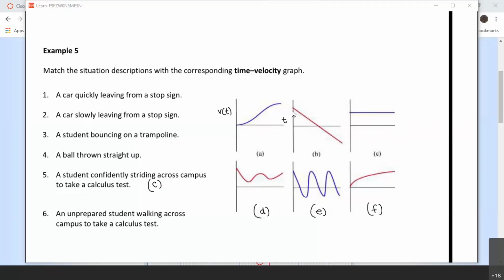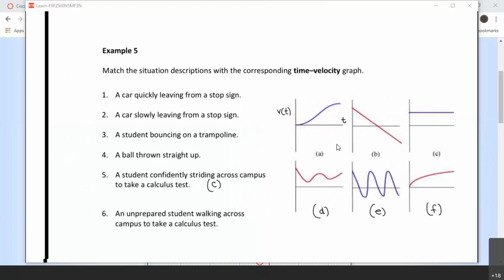At some point, it's getting slower and slower and slower. See the velocity coming down. And right here at the highest point in its trip, it has for an instant a 0 velocity. It hangs there for an instant, and then it starts coming back down. So that means the velocity gets more negative, larger negative, as it comes back down. So this is the velocity of your ball being thrown straight up.